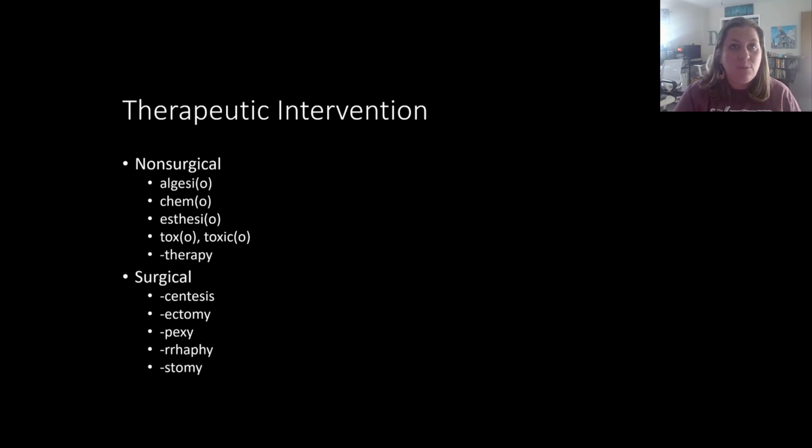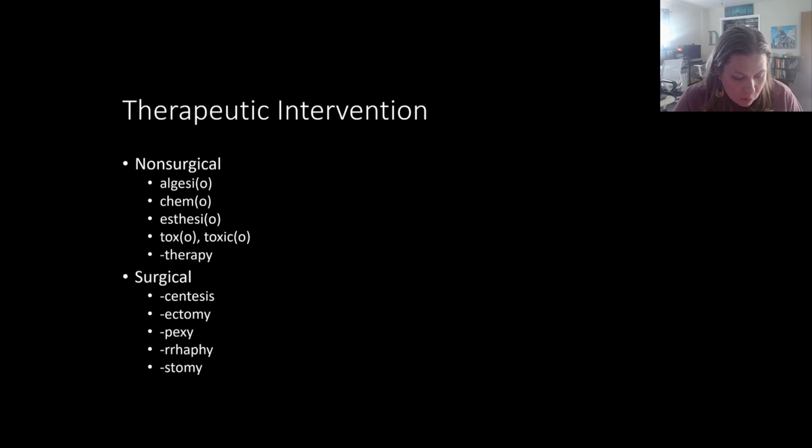On the surgical side, we have some of these suffixes that come into play with surgery. You have centesis, so like an amniocentesis is where we're going to remove a small amount of amniotic fluid. You have ectomy, pexy, which is like a surgical fixation. So you're fastening it into a fixed position. You then have raphy, which is like suturing. We're putting like stitches in.